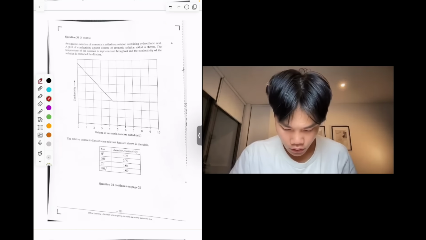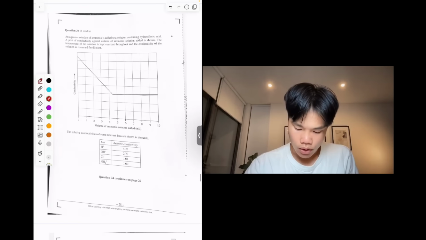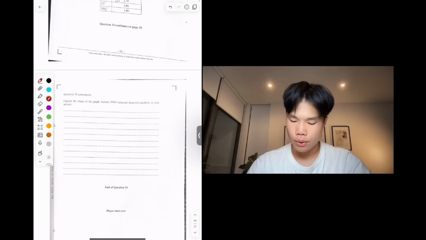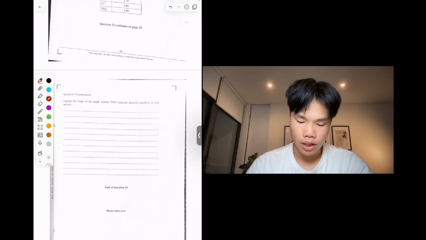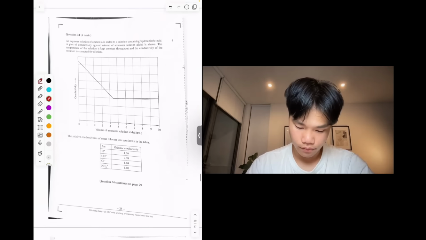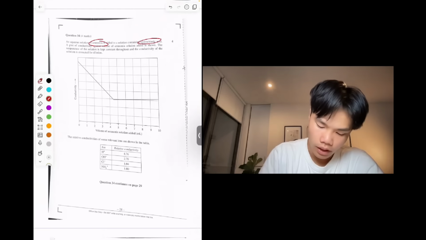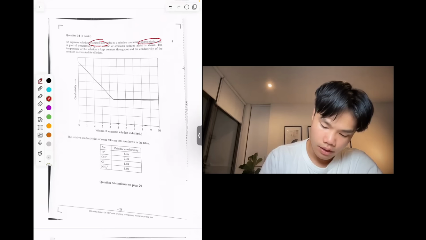The relative conductivities of some relevant ions are shown in the table. So they've been very generous to even give you that. Explain the shape of the graph. Include two balanced chemical equations in your answer. Ammonia is being added. Hydrochloric acid is here.